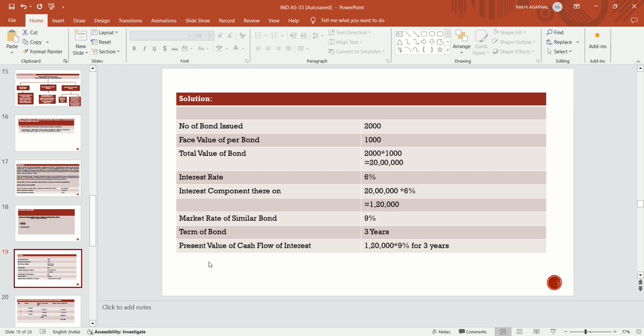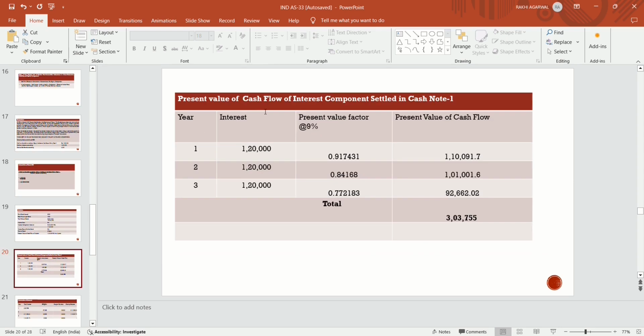Now we have to determine the present value of the cash flows of the interest, that is 1,20,000 at 9% for 3 years. For the present value of cash flows of the interest component settled in cash, in year 1 the coupon interest is 1,20,000 into the present value factor at the rate 9%.